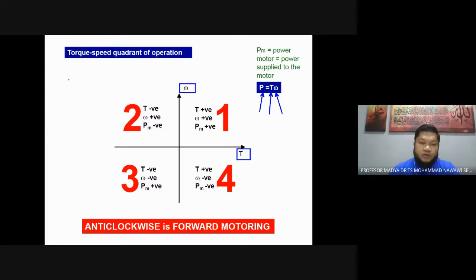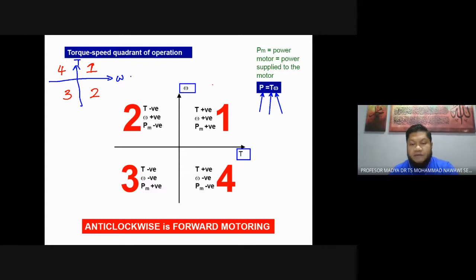Sometimes, if you refer to a few books, they put the torque on the y-axis and omega on the x-axis. In this case, you will have the first quadrant, second quadrant, third quadrant, and fourth quadrant.